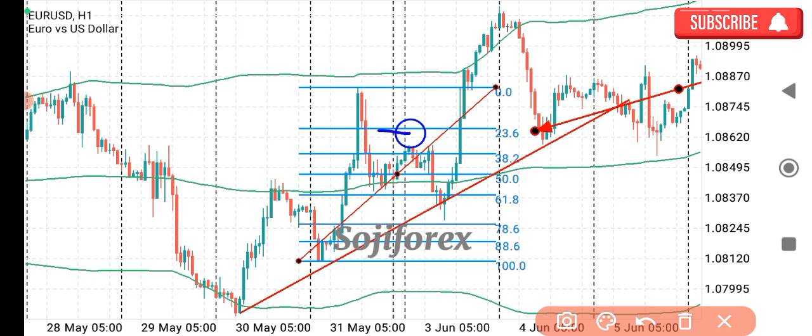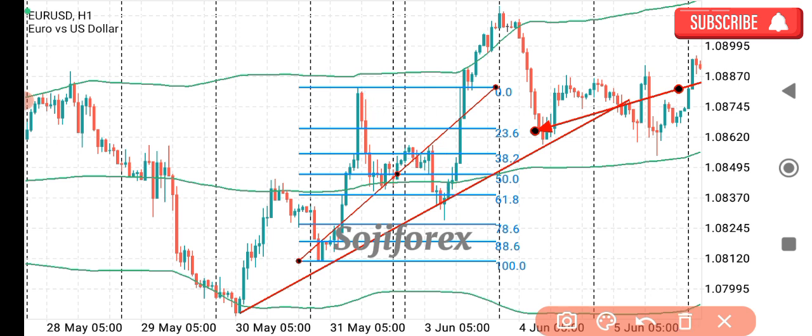If price is returning, it can turn back from here. It is a retracement. If price can come to this level, you can choose to come to here. You can choose to come to any of these levels as the case may be.